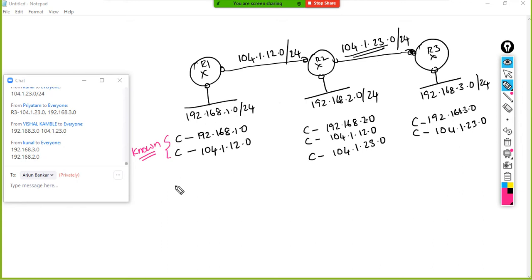Everybody, in the entire topology, Kunal. Check there, in the entire topology. Guys, everybody has to type it for me. 104.1.12, he knows it, right, Kunal?